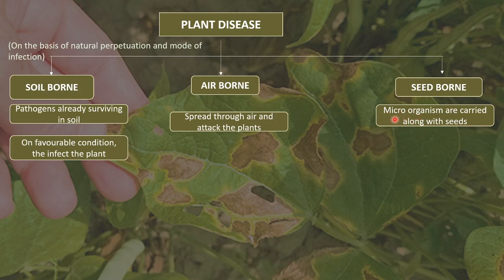Once the microorganism has entered the seed of a plant, when this seed is taken to another location it starts the process of infection by infecting the plant, and then from one plant to another plant. So these are the three types of plant diseases on the basis of natural perpetuation and mode of infection.